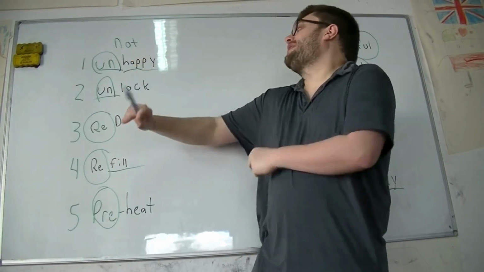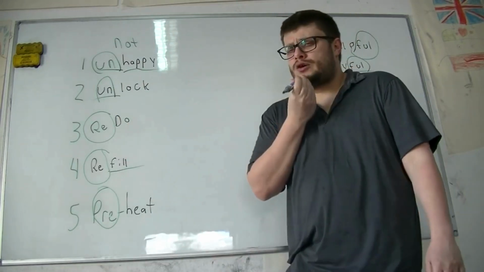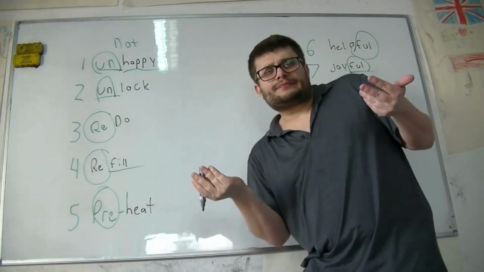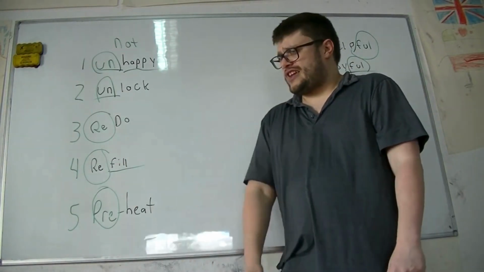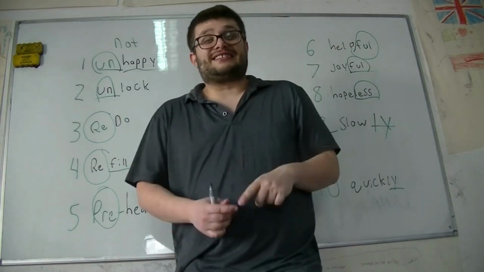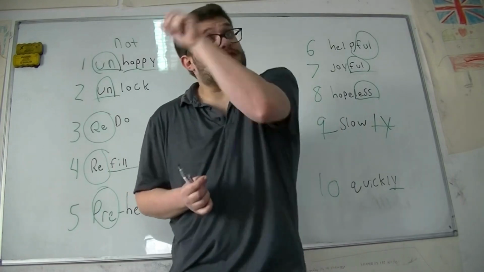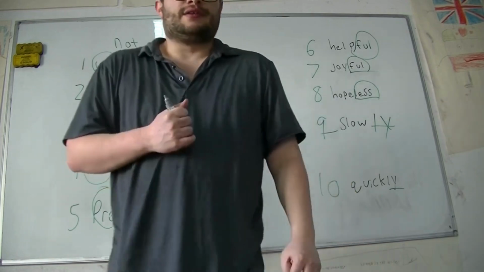Yes, not happy or not block. And what does "re" mean? Do it over again. What about "pre"? Yes, it's like you're preparing for it. Very good. You prepare. You do it before.